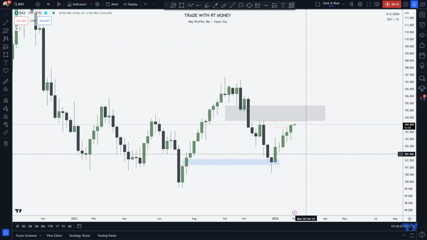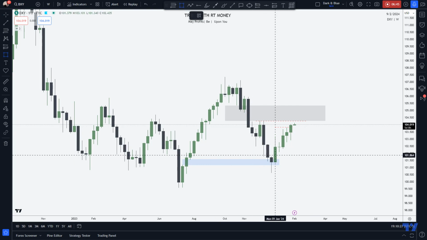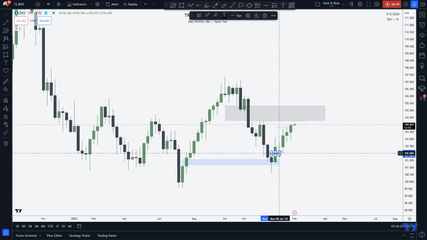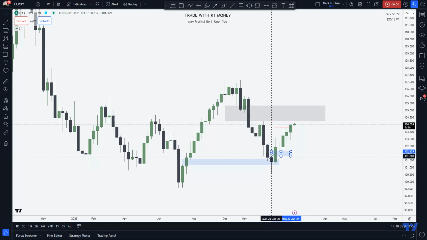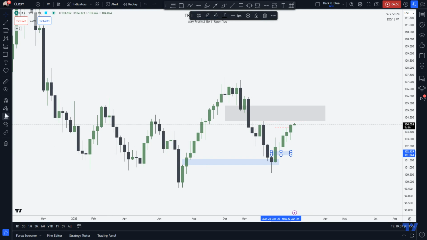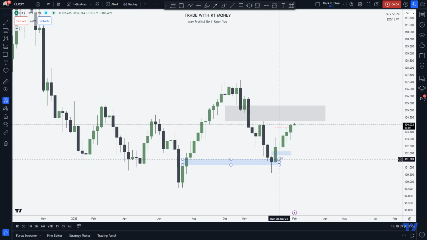You want to see when price reacts after hitting a POI, a place of interest, if it leaves a fair value gap behind. That's important. This one did. Price came back to it as a reference.